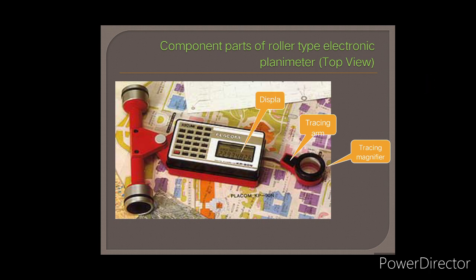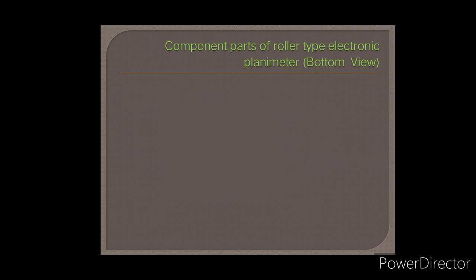And next one is the display unit, and it is a roller, and some function keys. As I showed you, the memo function key, average function key and hold function key will be there.